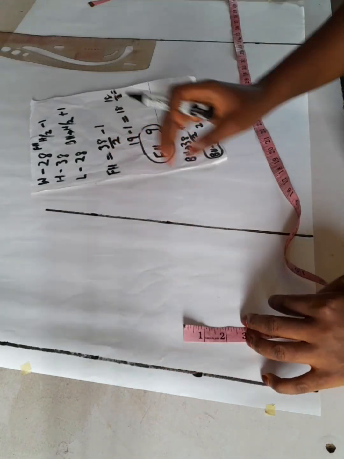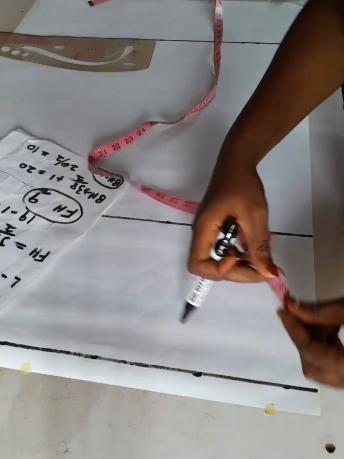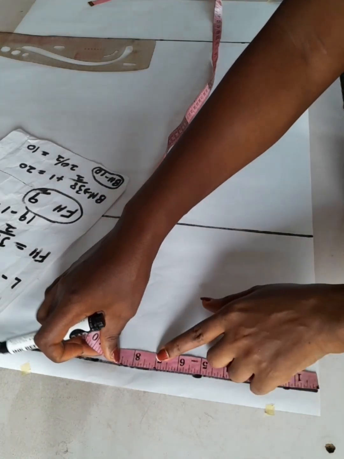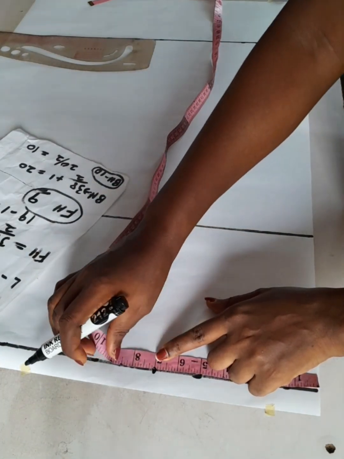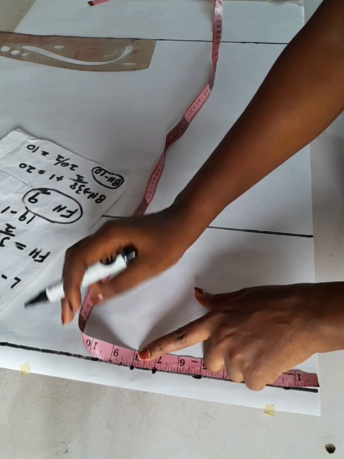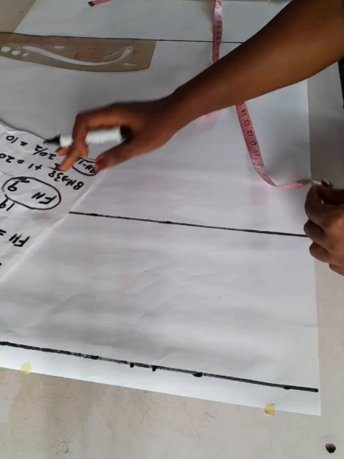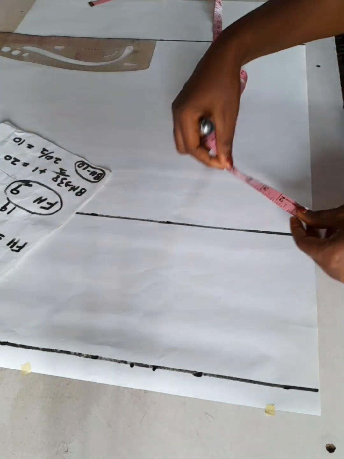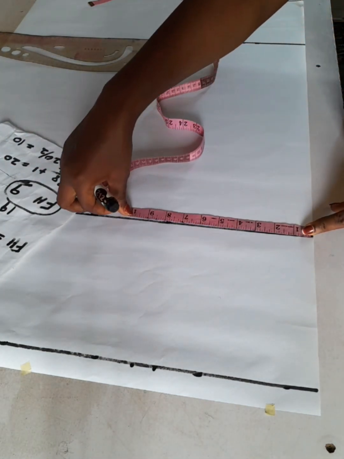The waist measurement is 28. 28 divided by 4, we have 7. Plus 1 inch for that, we have 8. Then for the front hip, we are going to allocate 9.